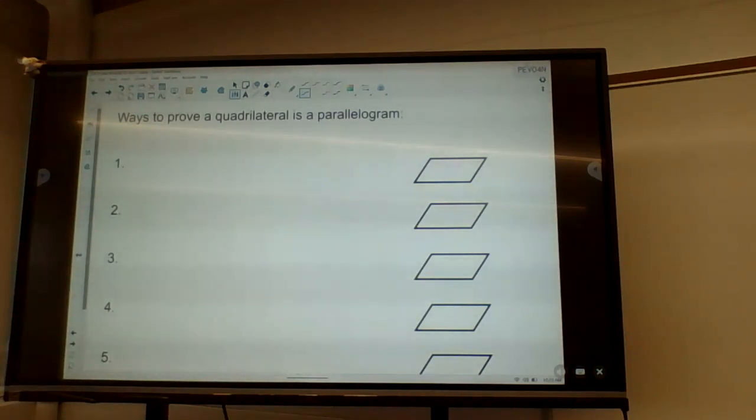So first property you guys want to list, what'd you write down? Yeah, so there's 2 sets of equal sides.